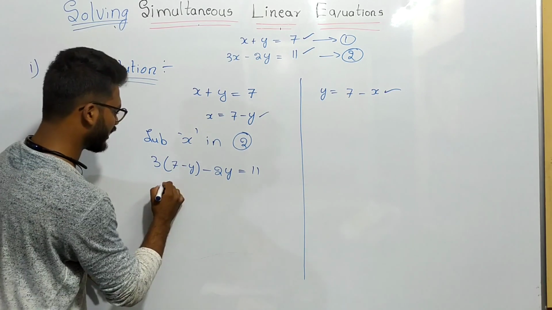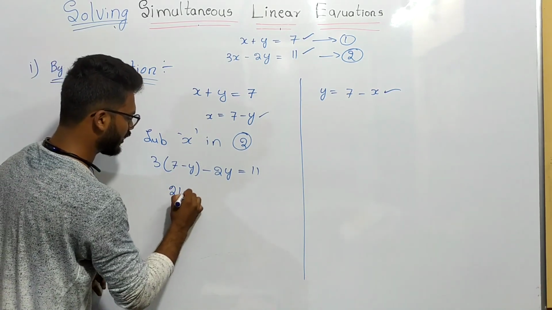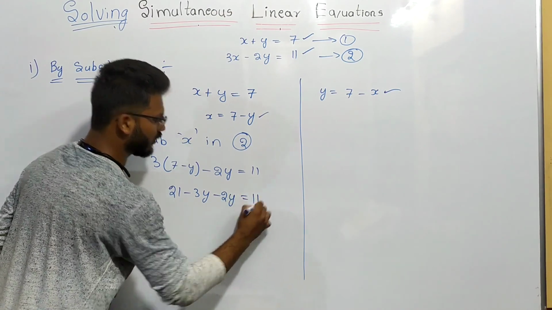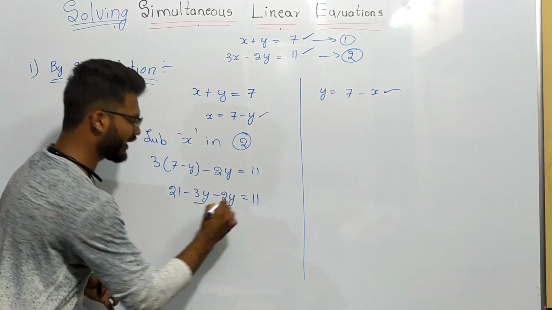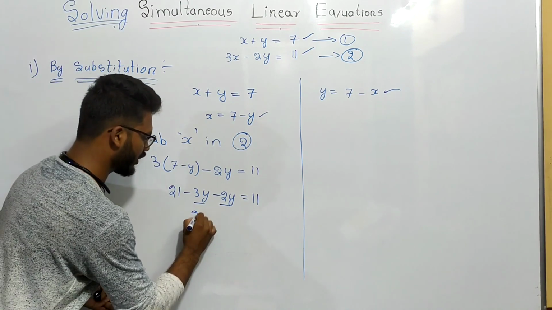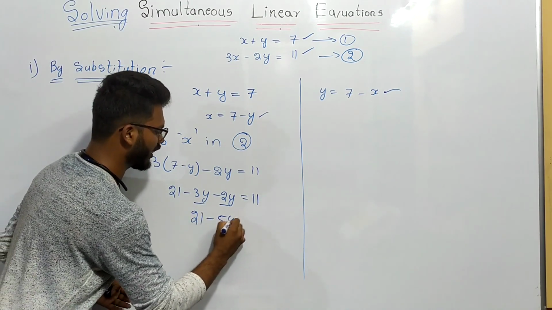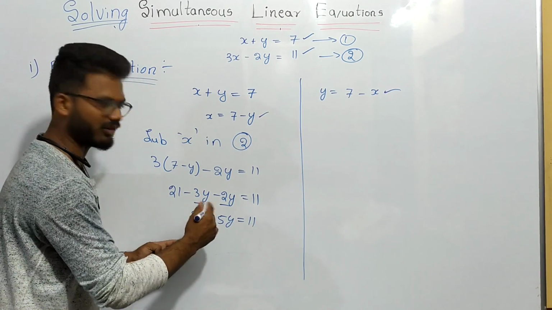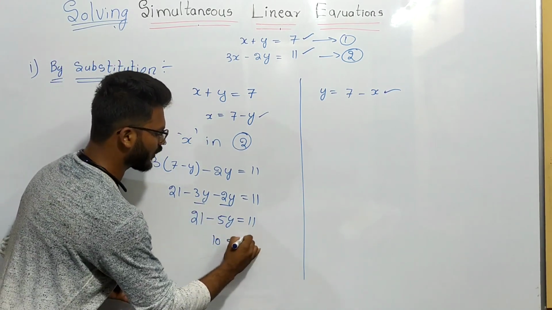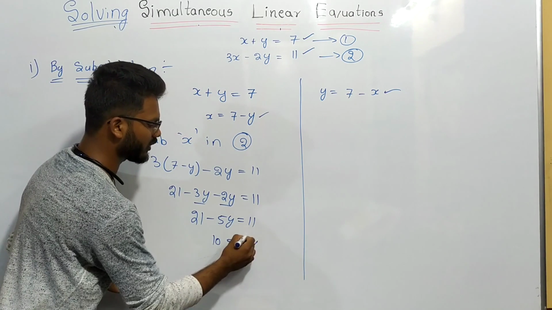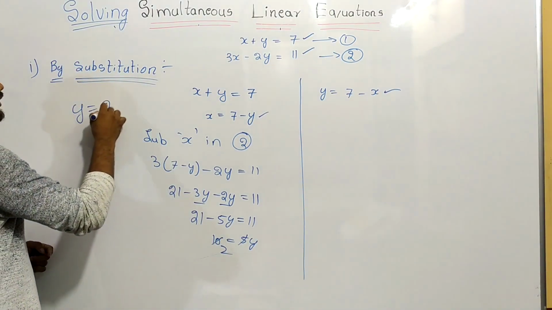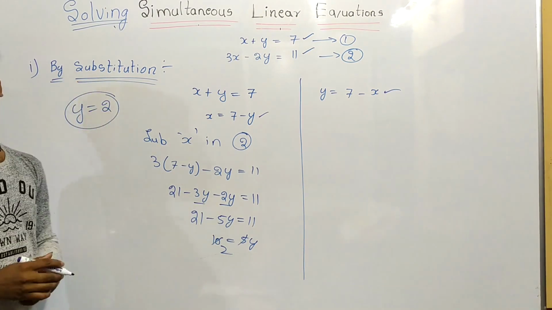We get 21 minus 3y minus 2y is equal to 11. Minus 3y minus 2y is minus 5y, so 21 minus 5y is equal to 11. Then 21 minus 11 is 10, which is equal to 5y. Therefore, we get y is equal to 2.